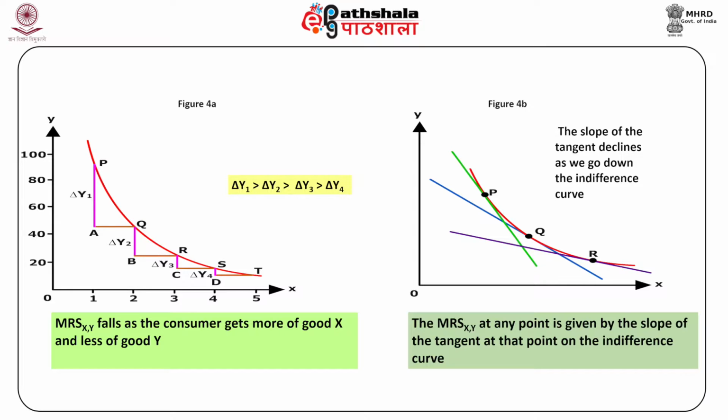good y. The diminishing marginal rate of substitution XY can also be demonstrated by drawing tangents at different points on the same indifference curve. The marginal rate of substitution XY at any point is given by the slope of the tangent at that point on the indifference curve. It is clear from figure 4b that the slope of the tangent declines as we go down the indifference curve.